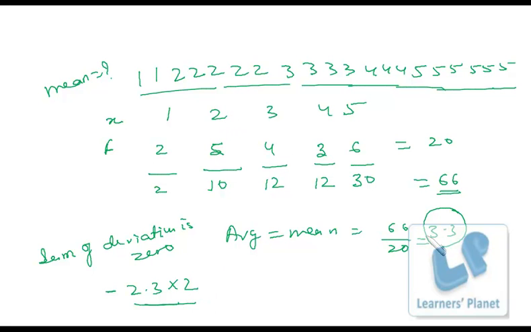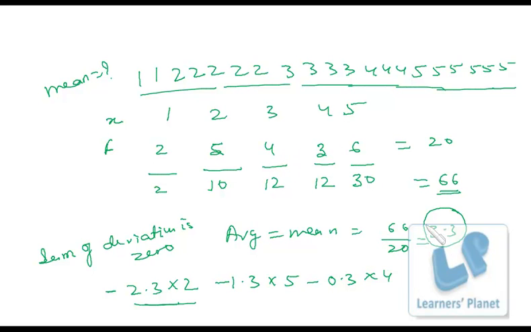Similarly, this is 2 and 3.3, so it is minus 1.3, and 2 is coming 5 times. So the total deviation is this, right? 3 and 3.3, so here it is 0.3 less and the total deviation will be into 4.